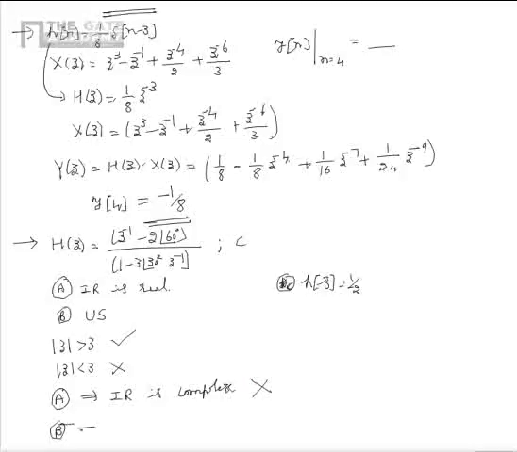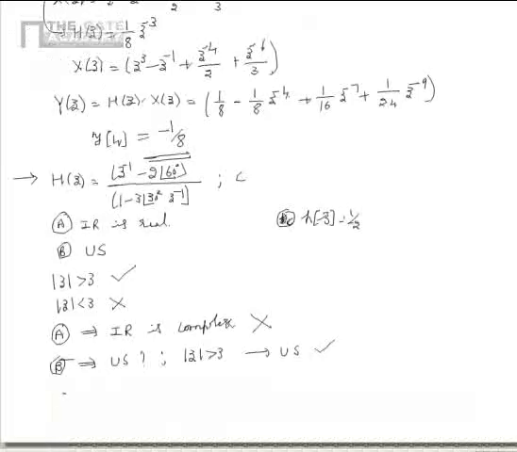If we pick option B, we have to find if the system is unstable. Here we see that the ROC is |z| > 3, so the ROC wouldn't include the unit circle. So we can see that the system is unstable. As per option C, we have to find if h(-3) is equal to 1/2.